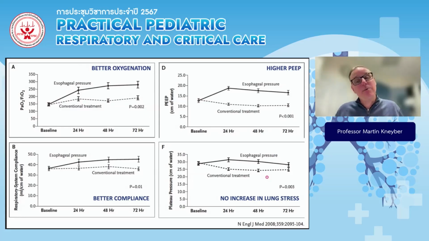Unfortunately, in this follow-up trial, there was no effect on patient outcomes, so mortality was comparable between the two groups. But again, I would argue that this does not mean that esophageal pressure-based PEEP titration doesn't work. It's probably because all patients were pooled and there is strong heterogeneity of treatment effects.